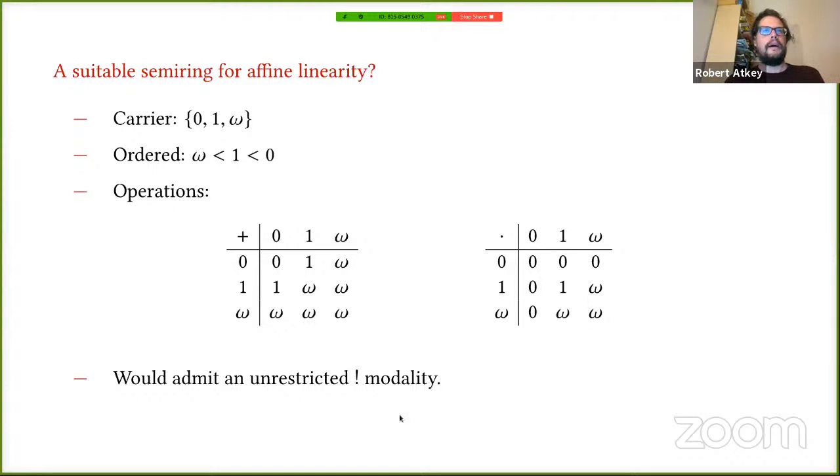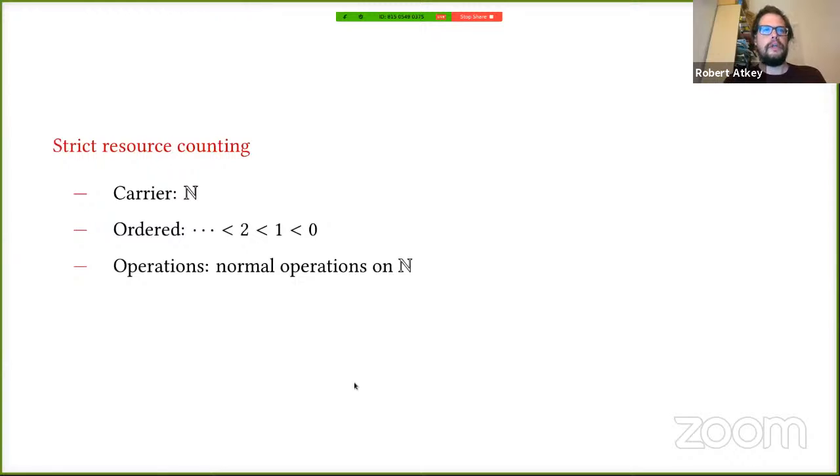However, if we allow this semi-ring, then we get an unrestricted bang modality effectively in our system. And this would mean that we wouldn't get polynomial time. So the semi-ring I'm going to use is just the natural numbers ordered backwards, for reasons. And the operations are the normal operations on the natural numbers. So this is the semi-ring I'm going to use.